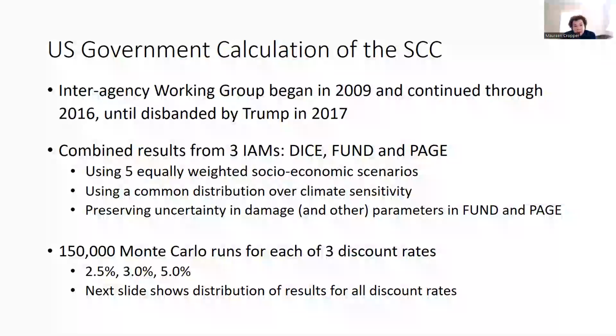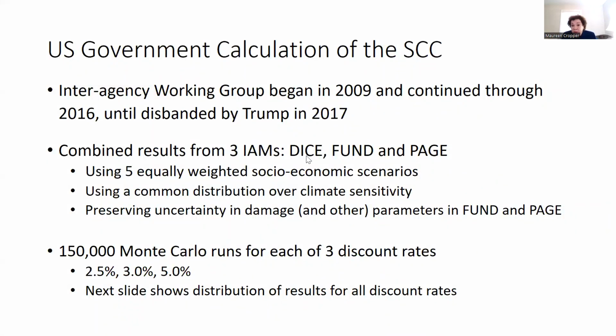They were disbanded by President Trump in 2017, but they were reconstituted by President Biden, actually the first day that he came into office. So what the group did was to look to 3 integrated assessment models that essentially do all of the steps that were described on the previous slide.